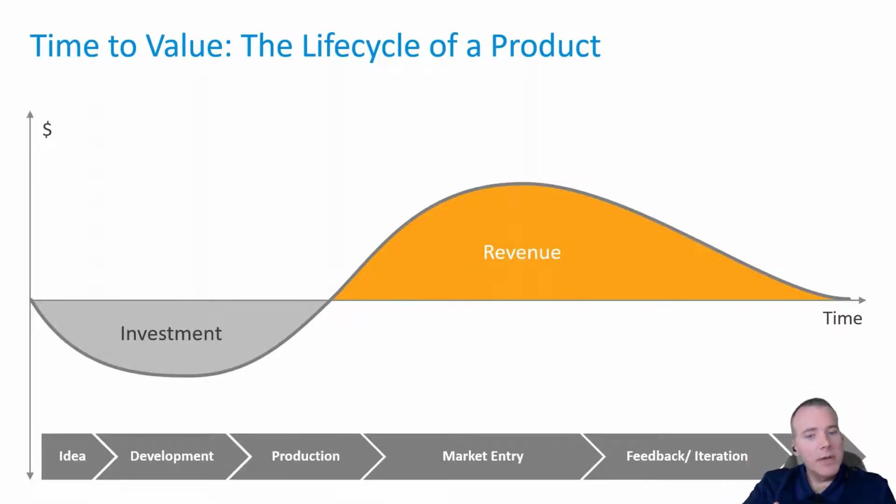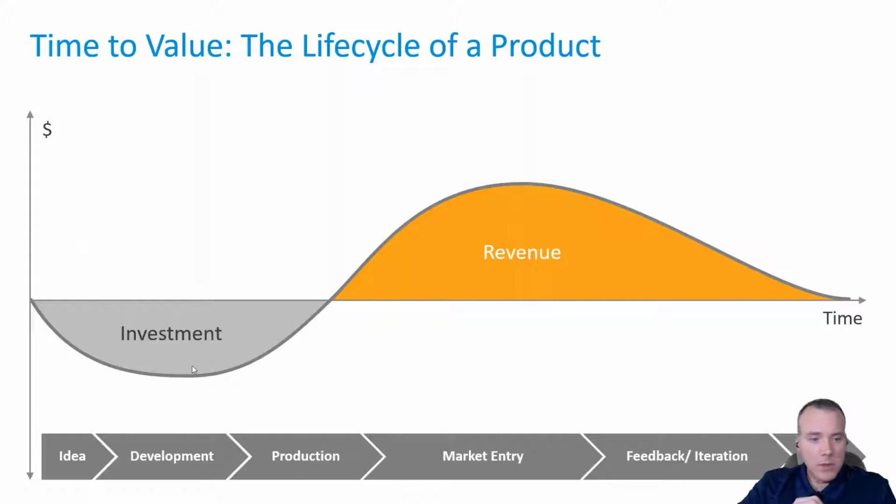Then obviously once you start building it and you start selling it, the goal is to get positive on this curve, right? And then eventually you iterate on that product, you release improvements, you reduce cost, you improve quality, and then eventually the product gets retired.